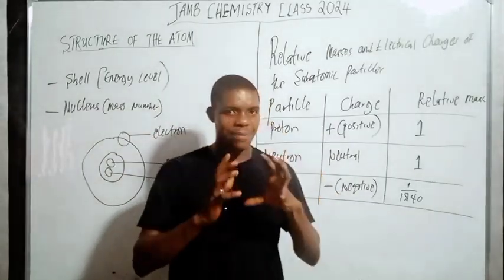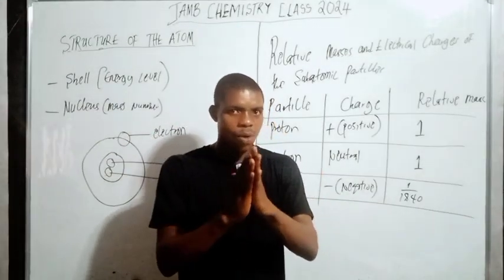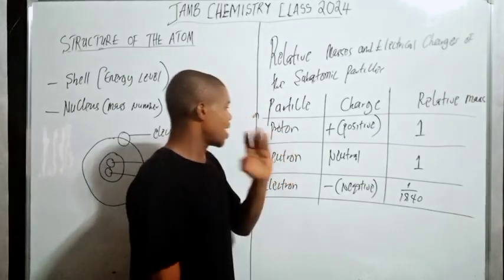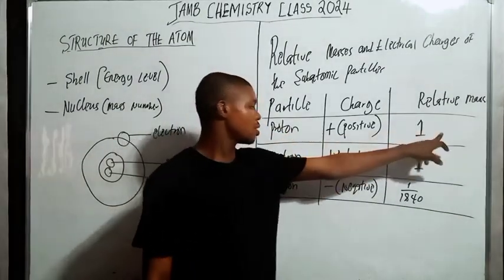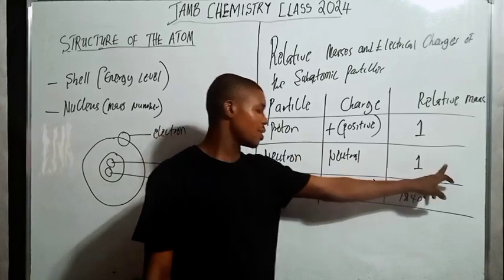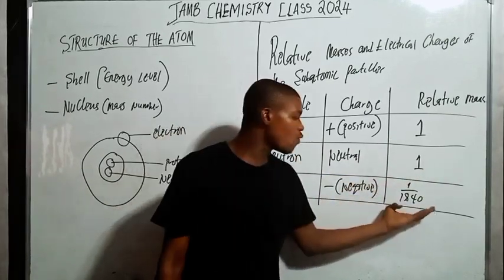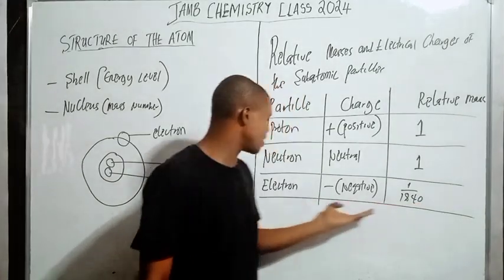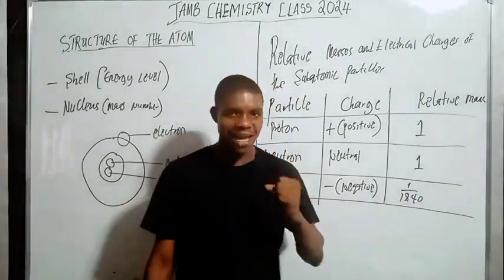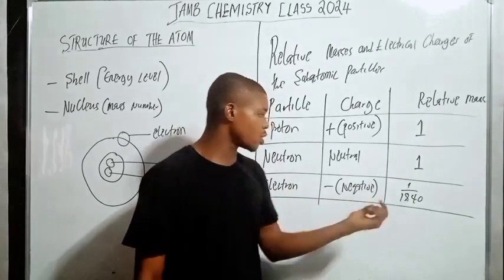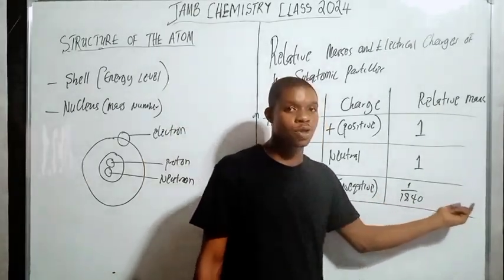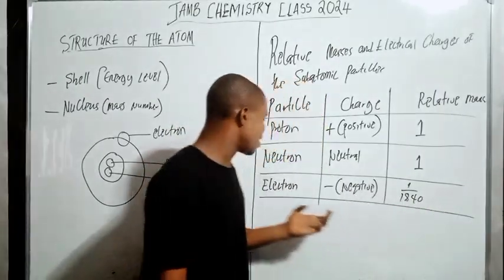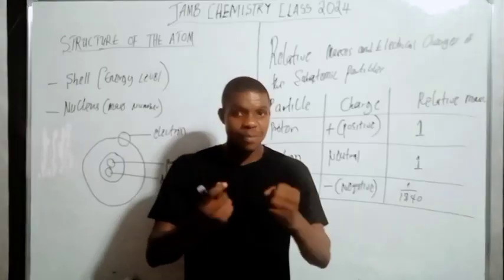When you talk about relative mass, if the proton is one and the neutron is one, then the electron is 1/1840. It means that the mass of the electron is very, very small, because 1 divided by that gives 0.00-something. So the mass of the electron is extremely small.